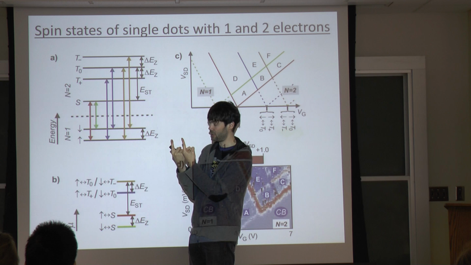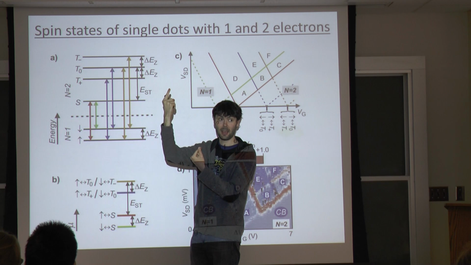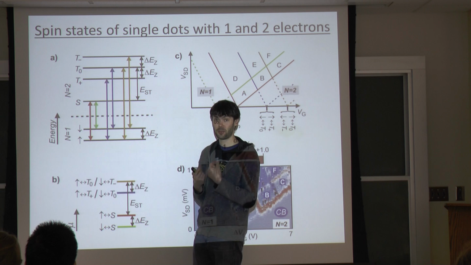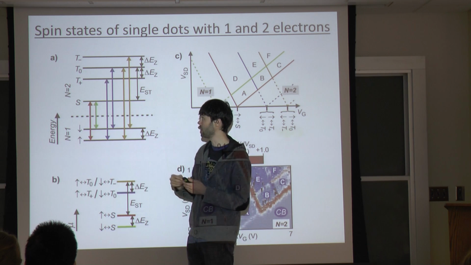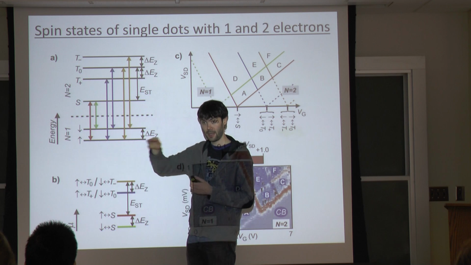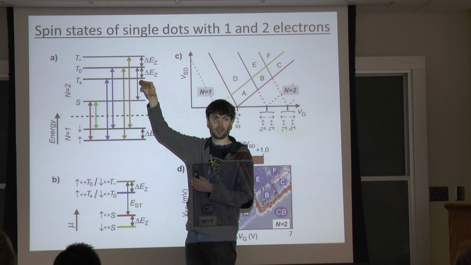So the second spin will have to go to the higher state. So then the lowest excited state at zero magnetic field for two electrons would be a triplet spin state, and the orbital character would be that the first electron will be in the lowest orbital and the second electron will be in the next orbital. Is that clear?